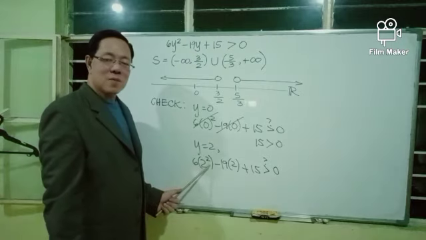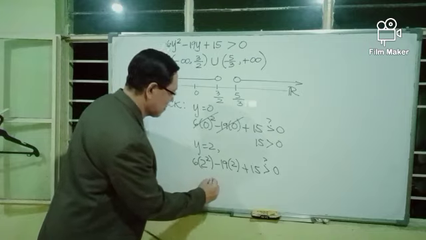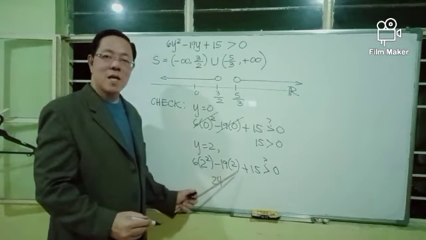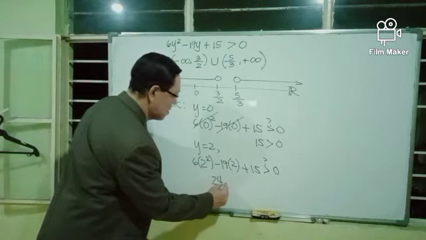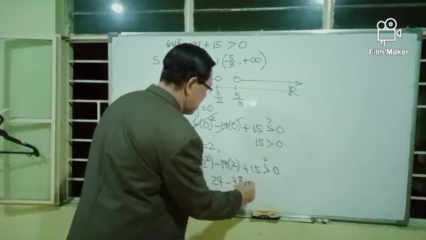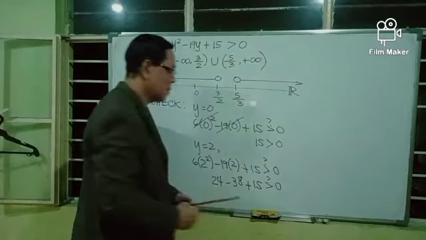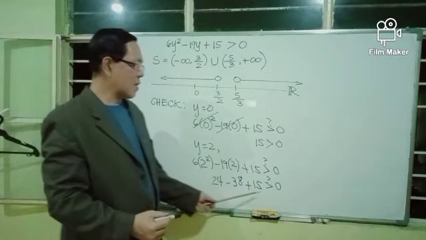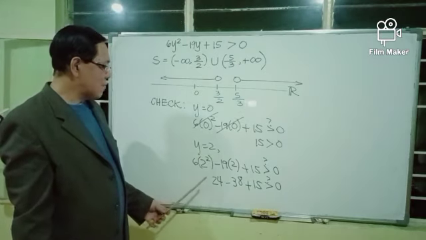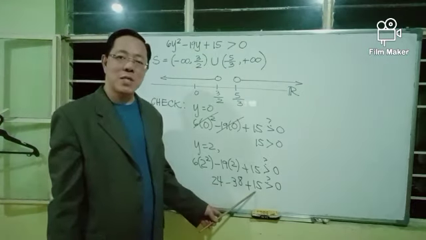We have 2 times 2 squared is 4 multiplied by 6, 24. Negative 19 times 2 is negative 38. Plus 15. We want to check if the sum and difference is greater than 0 or positive. We have 24 plus 15, that's 39.